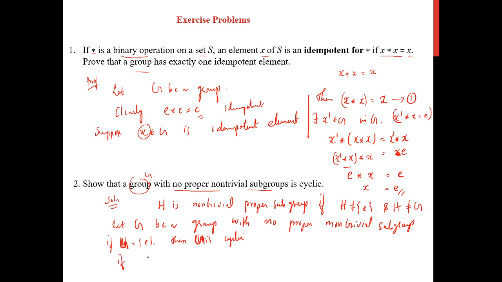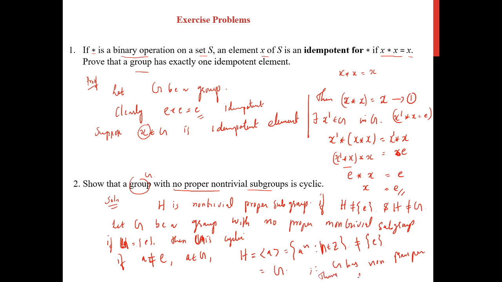Now, if A not equal to E and A belongs to G, then H equals the cyclic subgroup generated by A. Then this is not equal to the set E because A not equal to E. And it also has no proper non-trivial subgroup, so this must be equal to G since G has no proper non-trivial subgroup.